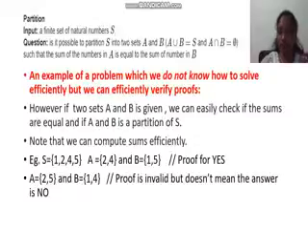Now a solution is given for this problem. So a set of natural numbers is given, and a partition of this set is given as A and B, two partitions.